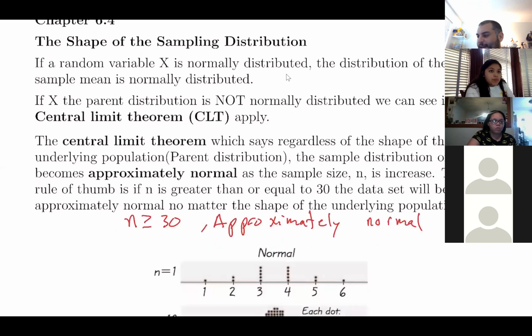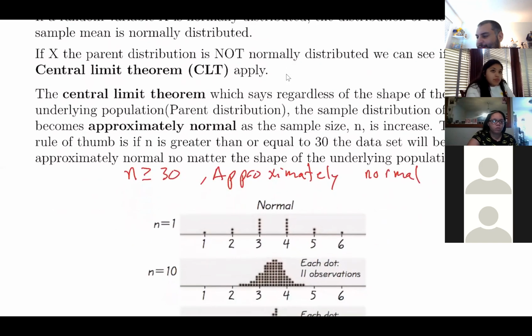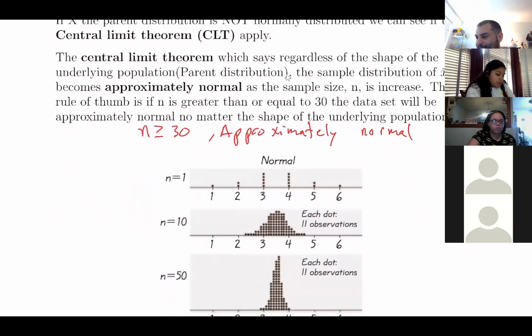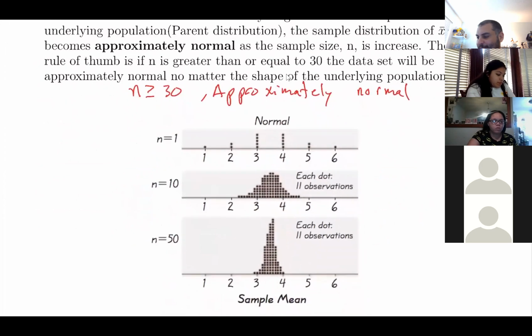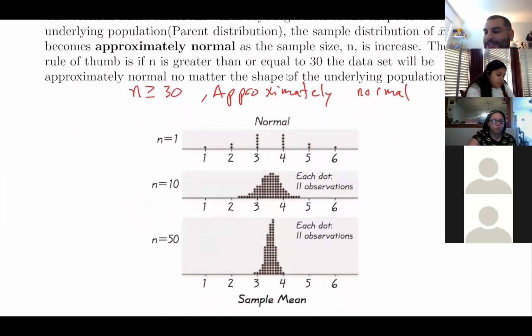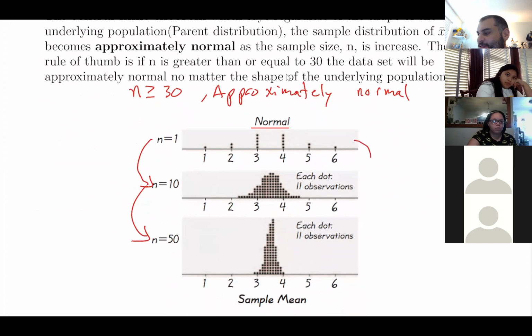All right. So let's go on to some pictures. For these pictures, our data set in the beginning is normal. What we want to see is what happens as we increase the sample size. If our data set is normal and we increase the sample size, the data set is still going to be normal.